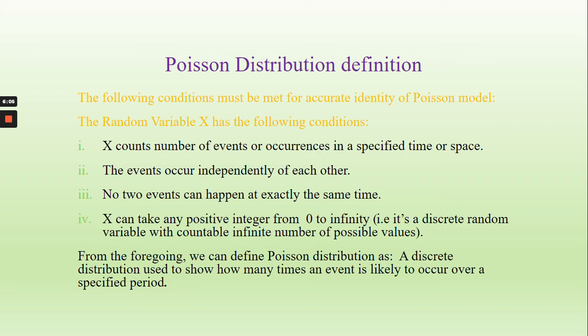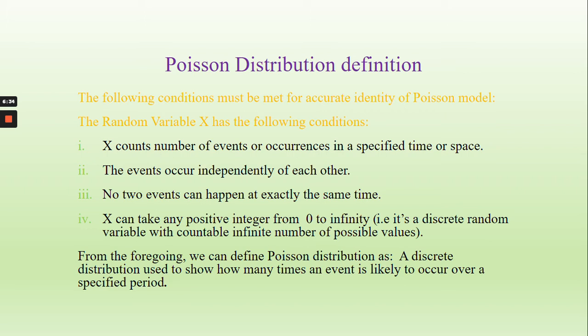Therefore, these are the conditions. The random variable x must have these conditions in order for the problem to be appropriately used for Poisson distribution. Number one, the x should count the number of events or occurrences in a specified time or space.